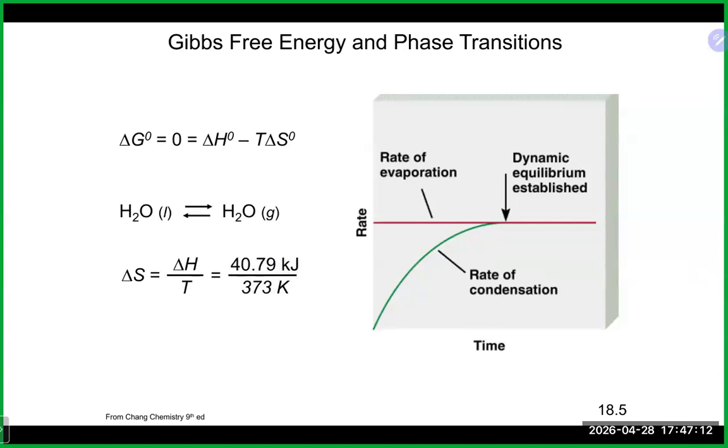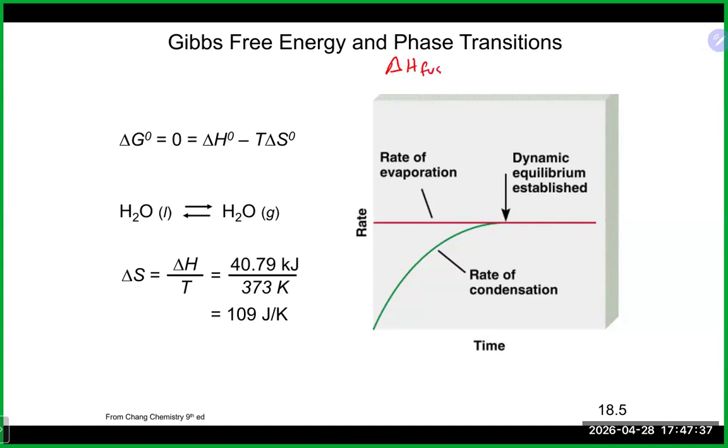So we touched upon a little bit of this earlier in the chapter. But when we change the phase of a substance, remember that the temperature doesn't change. This happens at the normal melting point or freezing point of a substance, or the normal boiling point of a substance. And there is some heat of fusion involved.